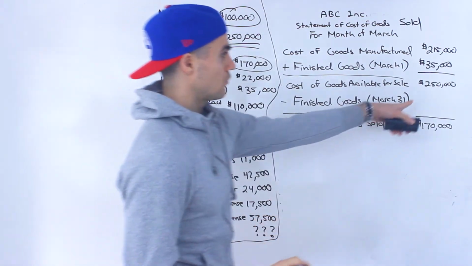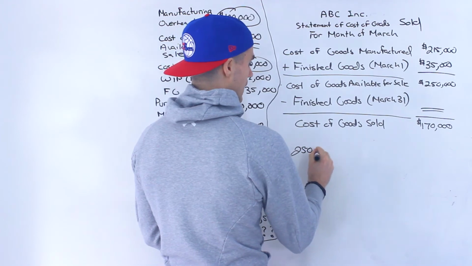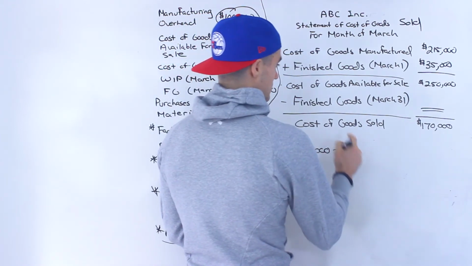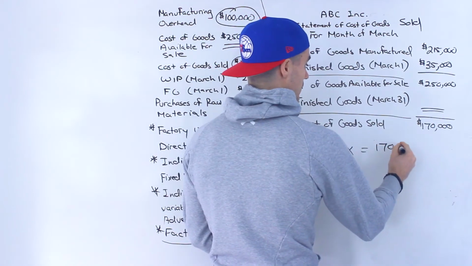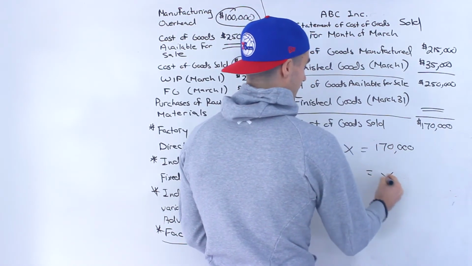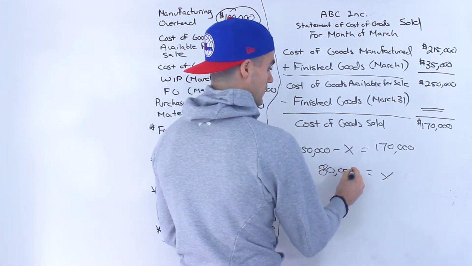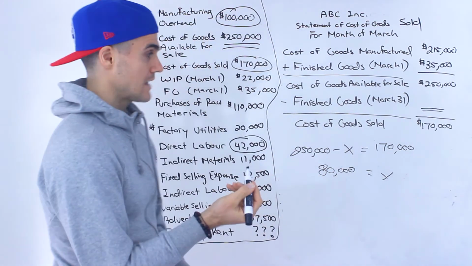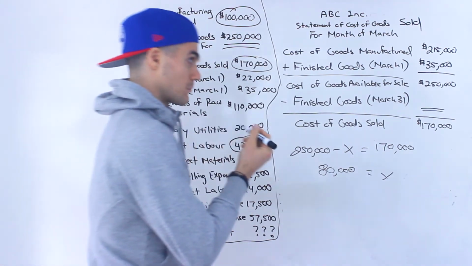And so we could solve for this amount over here. So basically we're going to have 250,000 minus this finished goods, March 31st, and that has to equal 170,000. Well, when we isolate for that x, bring this over, we would end up having 80,000. So 80,000 ends up being the finished goods on March 31st.